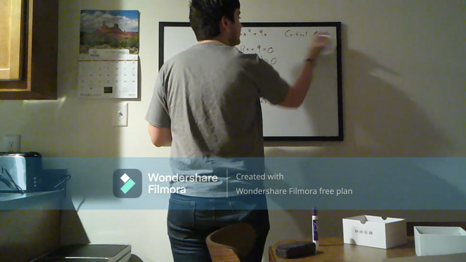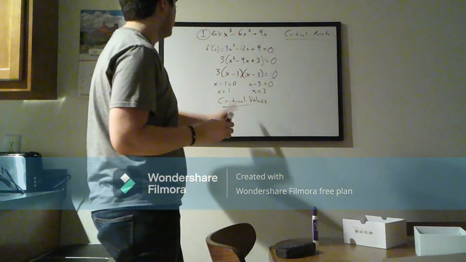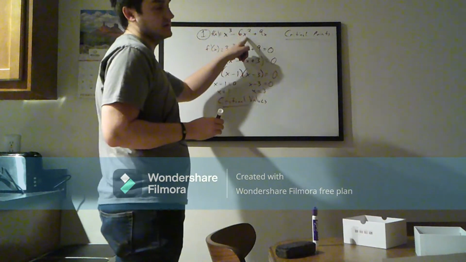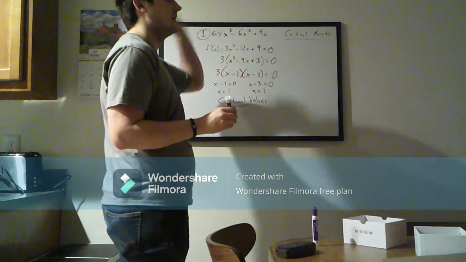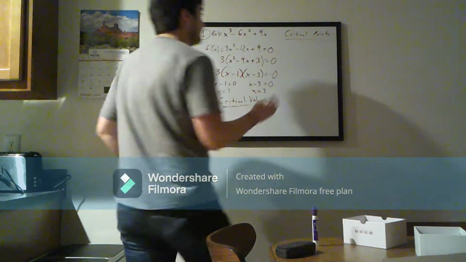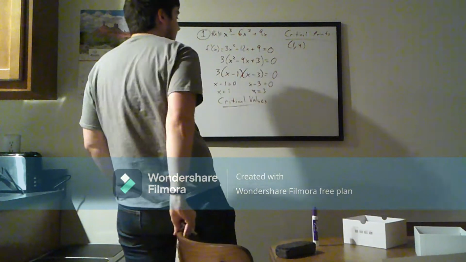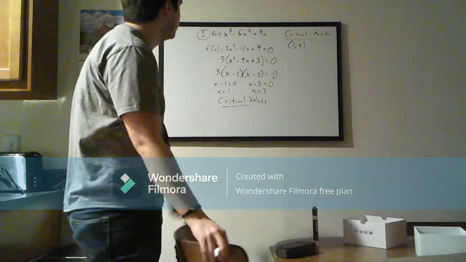Okay? To find my critical points, I'm going to plug them into the function. So when I plug 1 inside my function, I'm going to get 1 minus 6, which is negative 5, and negative 5 plus 9 gives me 4. So we have the point (1, 4). Then I take 3 and plug it into the function.